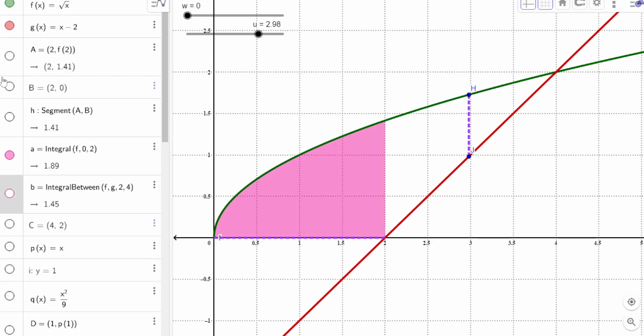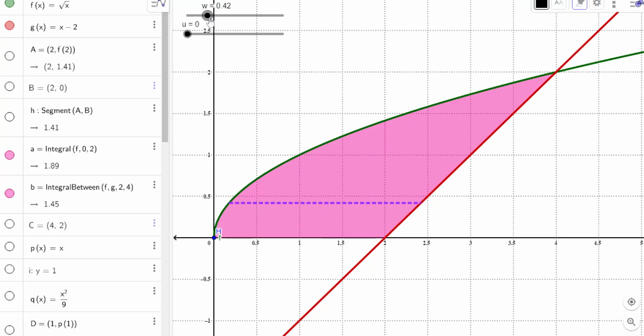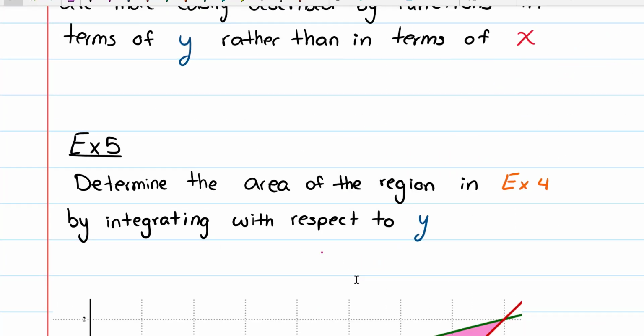So to find this area, again, you would have to use this integral plus this integral. With respect to y, the bigger function is always bigger than the smaller function, which with respect to x didn't happen.